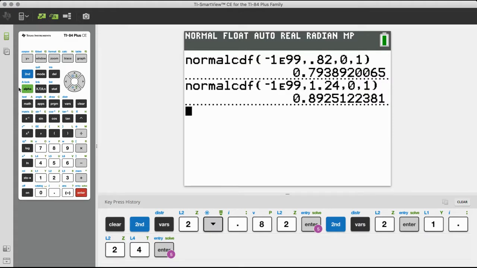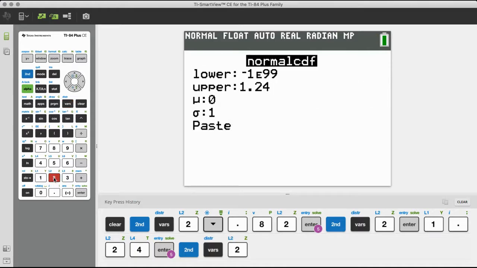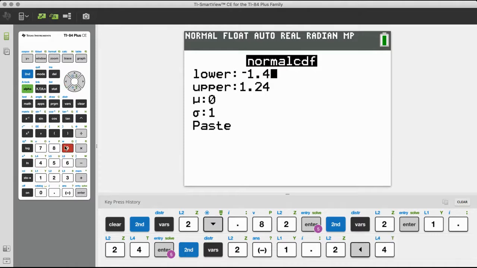Okay, now the next one, I'm looking at C, and you can see that the shading is facing the other direction. So when I go over here to normal CDF, the lower limit is the number that I'm plugging in. This is where I'm plugging in the negative 1.49.